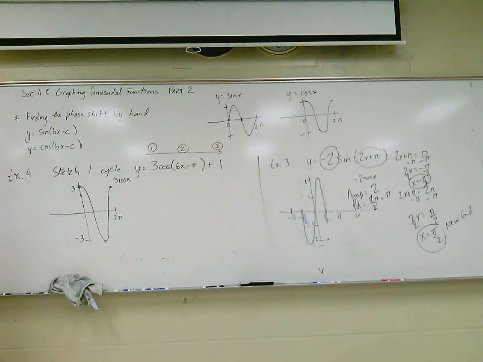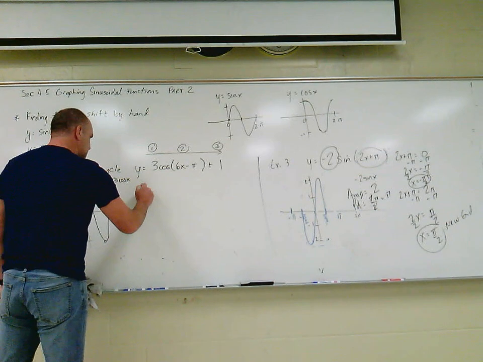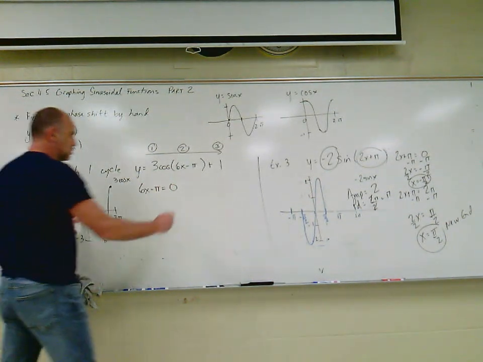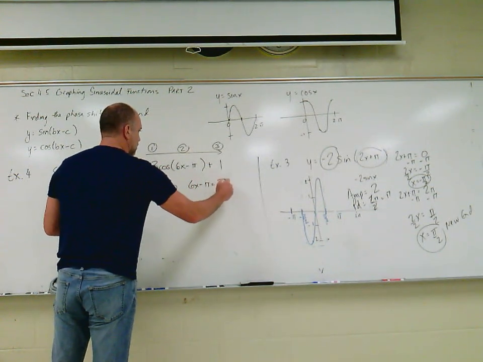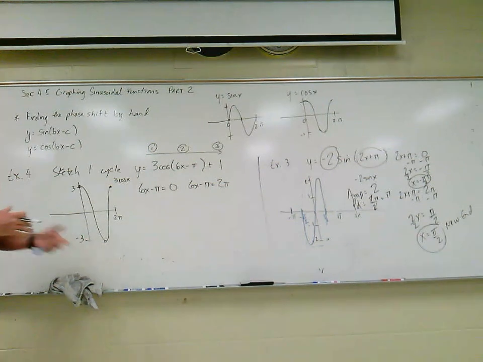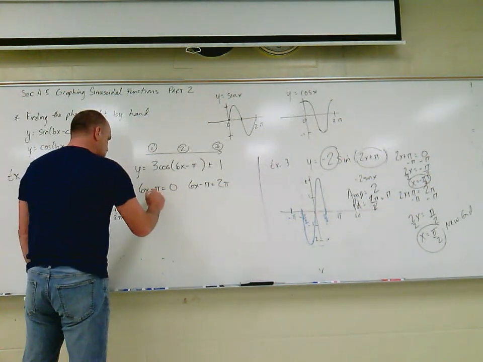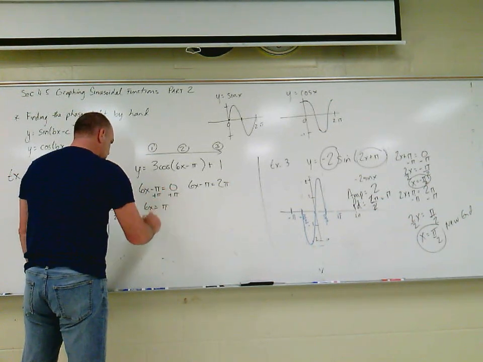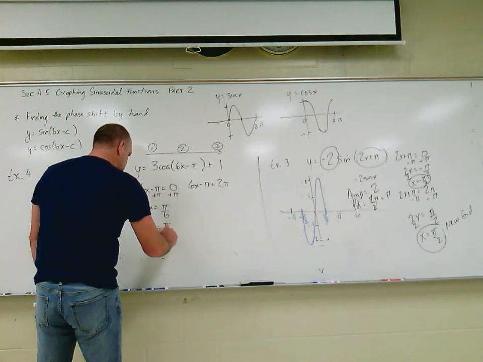Okay, now what do I need to do? So second, I'm going to take the inside, 6x minus pi, set it equal to the original start, and 6x minus pi, set it equal to the original end. I'm going to solve for x, okay? When I isolate, I get 6x is pi, divide by 6, x is pi over 6.